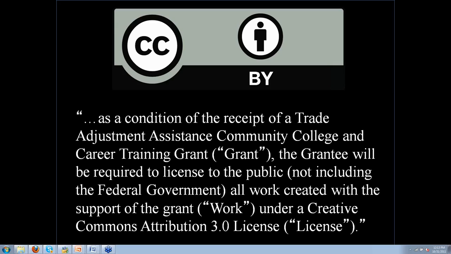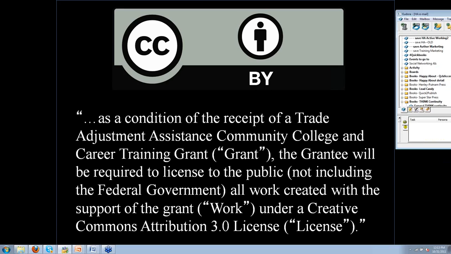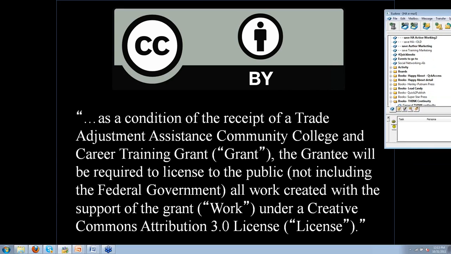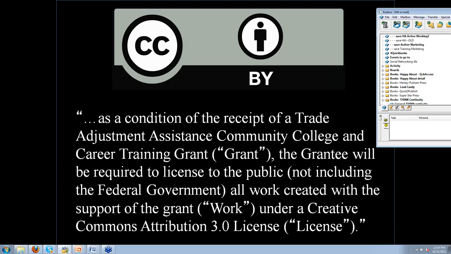It's really remarkable and, again, historic that you find the language that's up here on this slide in the RFP. As a condition of the receipt of the funding, the grantee has to license the work to the public. These are public funds, and what the federal government is saying is that if you're using public funds to produce work, that has to be available to the public. It's our taxpayer money going to produce that work, so it should be available to be used by everyone for everyone's benefit.